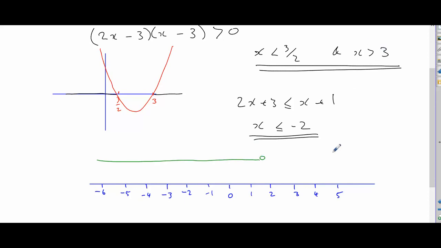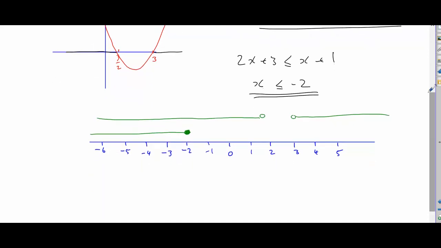And x greater than 3, 3 is here, and so that's represented by that. The second inequality, x is less than or equal to minus 2. Minus 2 is down here, but it includes minus 2, so a solid circle and less than minus 2 is like that.